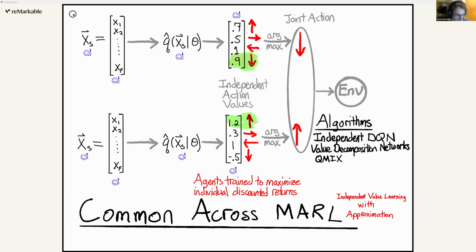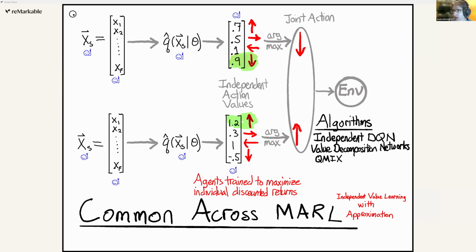And during training, with independent learning like this, each agent is just trying to maximize its own individual discounted returns. So the algorithms that we looked at, where all the action selection uses these action value functions, one was the independent DQN. That's deep Q learning, but with this multi-agent extension.